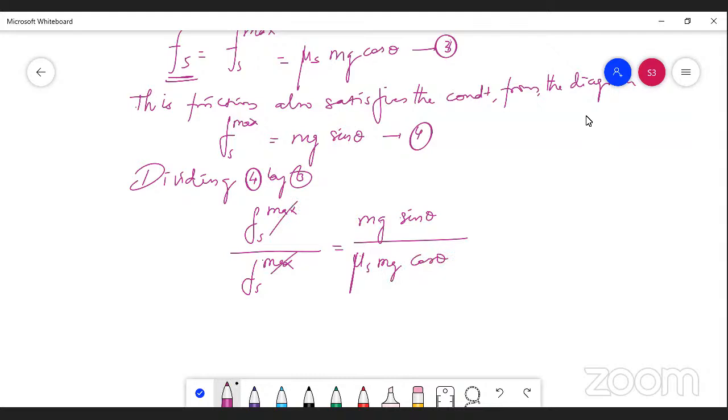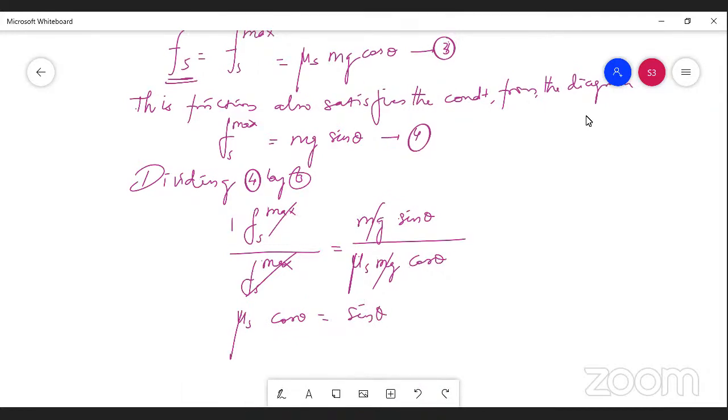Fs maximum gets cancelled out, you will be left with 1. You can cancel mg also. So mu s cos theta equals sin theta.